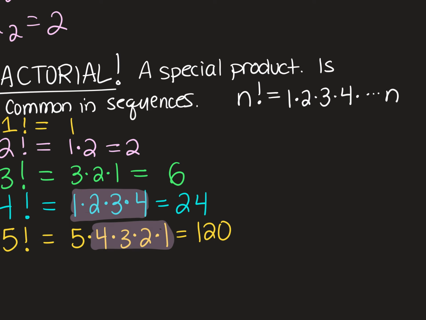One really important thing we have to define is that 0 factorial is always 1. It might not make sense why that is. Sometimes in math we have things that are created by man instead of discovered by man. This is kind of a combination of those two things, but we have to have 0 defined in some way, so we define it as just being 1. So if I ask you to find any number factorial, it just means you take that number and count up to it from 1, multiplying all those integers together.